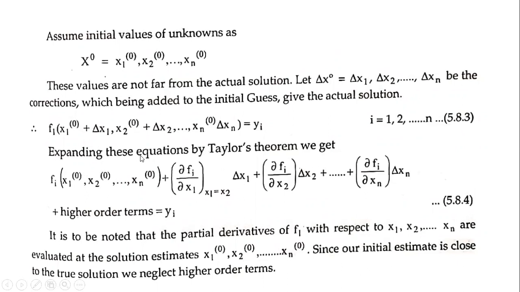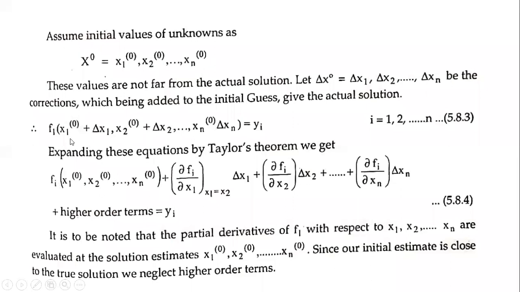When we expand these equations by a Taylor series, we separate x1 of 0, x2 of 0 and xn of 0.